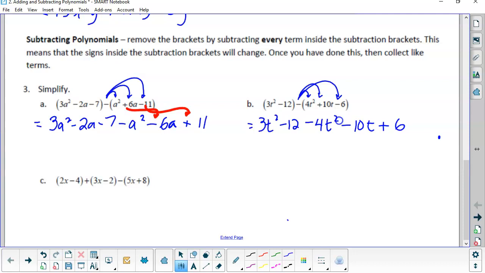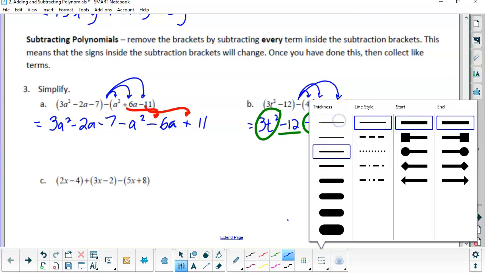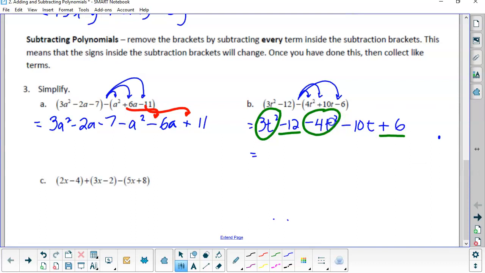Okay, now I collect like terms. So the 3t squared minus 4t squared, negative 12 plus 6, no like terms with the t term. So descending order of degree, I'm going to start with t squared. 3 minus 4 is negative 1, but we don't have to show the 1.